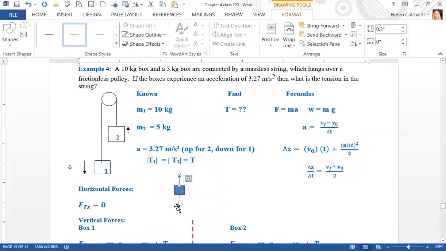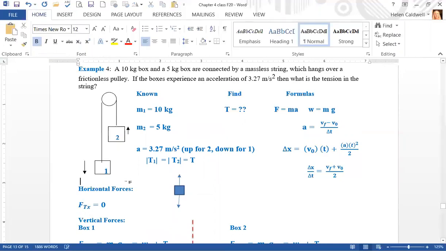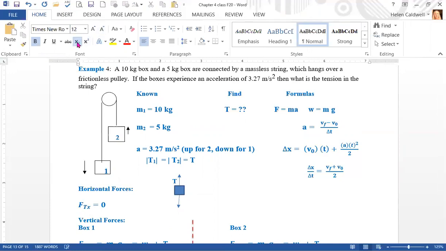And again, I'm sorry, the one coming down is not straight by any stretch of the imagination. So the one coming up, we said this was for box 1. This is going to be T sub 1. And if I come down here, this will be W sub 1. Again, this is my free body diagram. So this is the free body diagram for box 1.